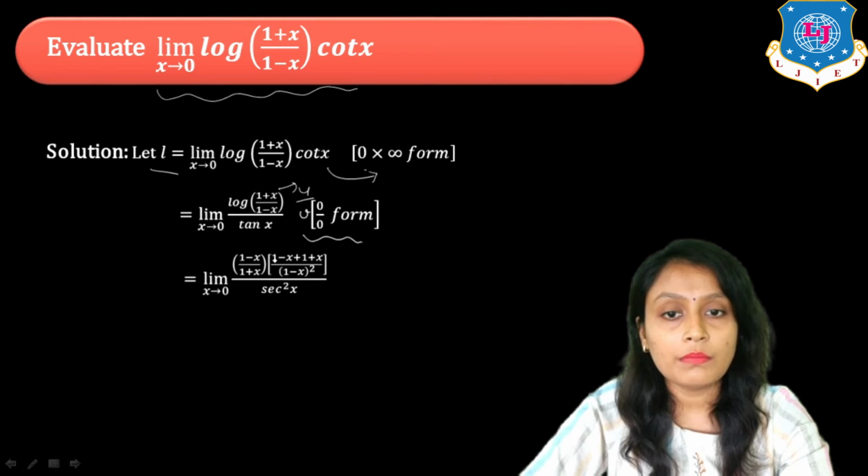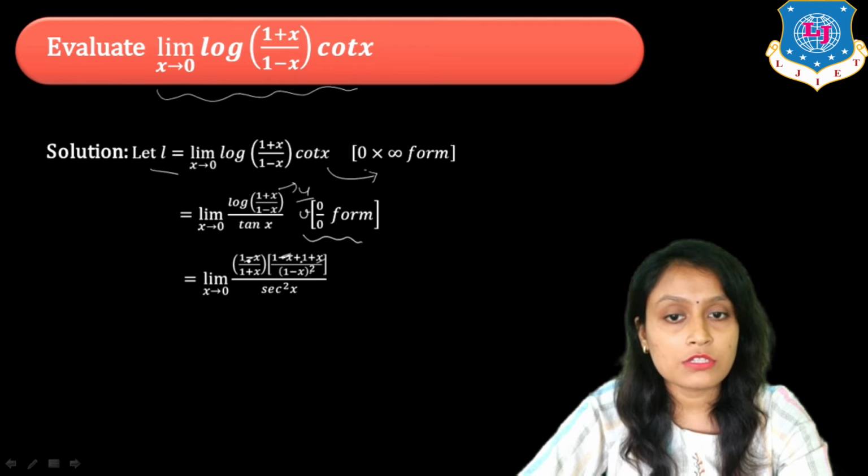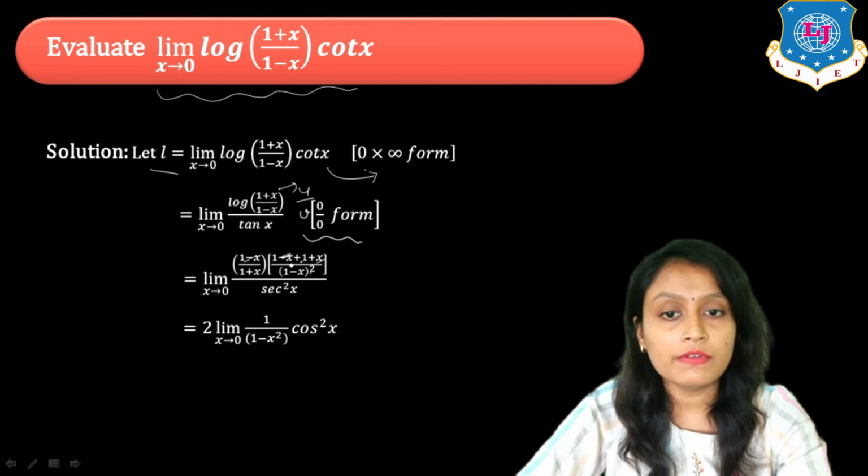Okay, so denominator as it is, means 1 minus x as it is, derivative of numerator, 1 minus this numerator as it is, that is 1 plus x as it is, derivative of denominator, that is minus 1, so minus minus will become plus, and denominator square, so here we have 1 minus x whole square. Okay, so this term will get cancelled. Okay, and simplify this, so 1 minus x will also get cancelled, so you will get 2 we will take outside, limit x tends to 0, this 1 plus x into 1 minus x will give 1 minus x square, bring this x square in the numerator, so you will get cos square x.